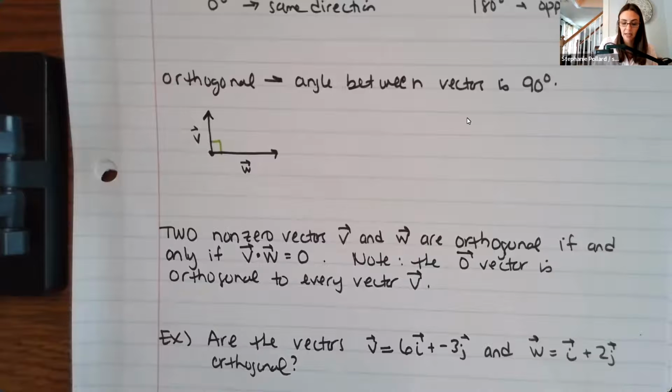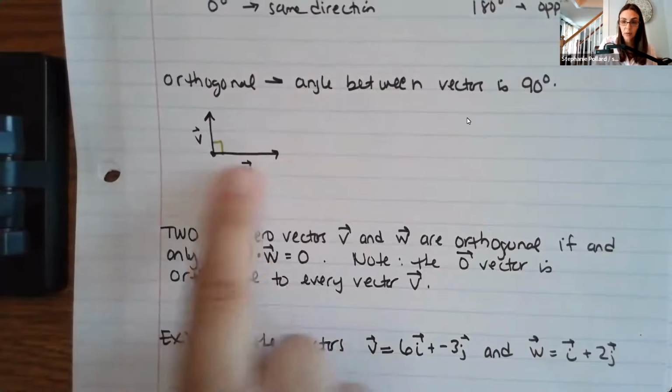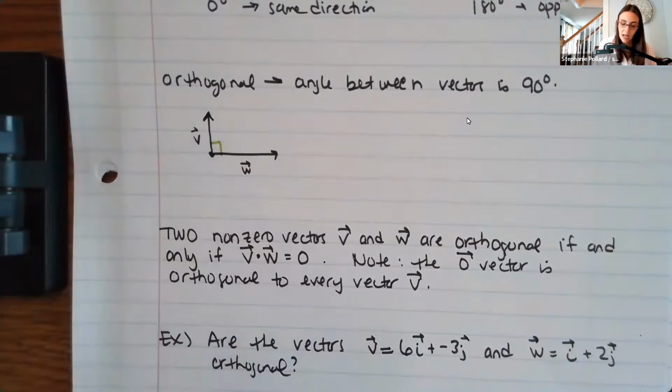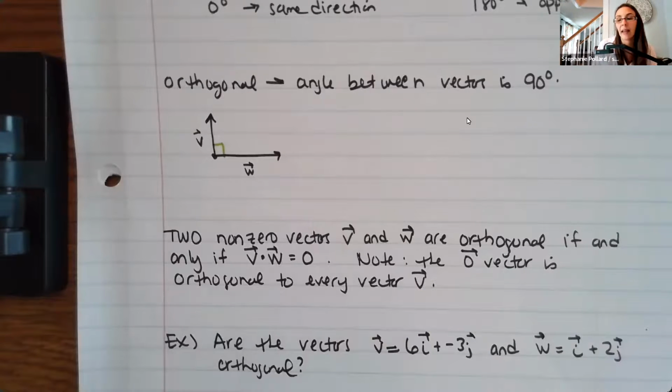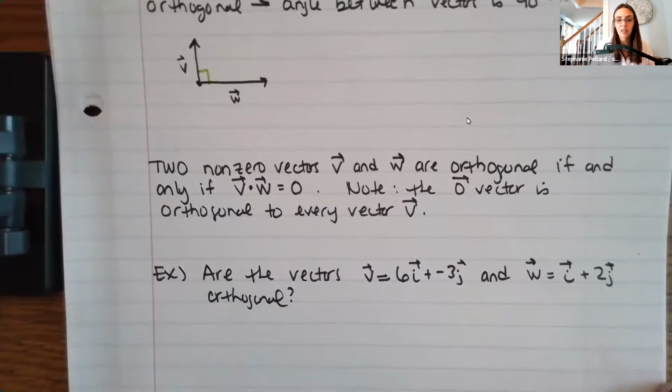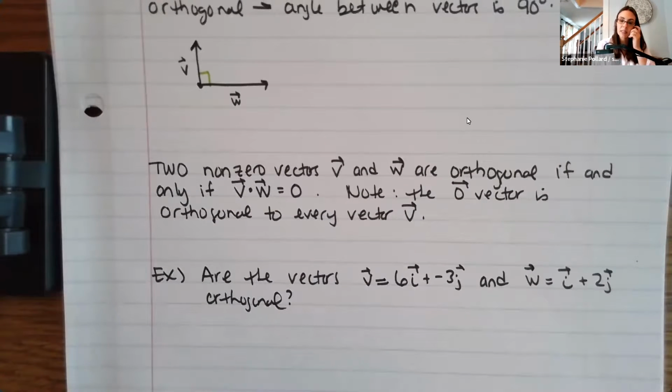So that's a great way to check if you do have this sort of perpendicular idea here with your vectors. A little note here, the 0 vector is always orthogonal with any other vector because the 0 vector will produce a 0 dot product. So for an example, are the vectors v equals 6i plus negative 3j and w equals i plus 2j orthogonal?